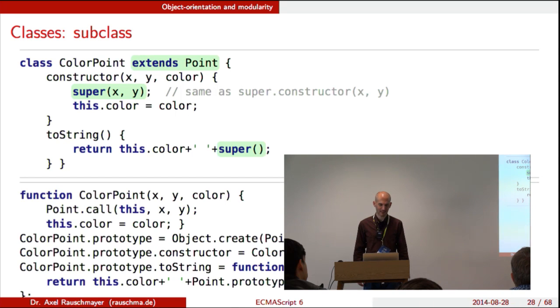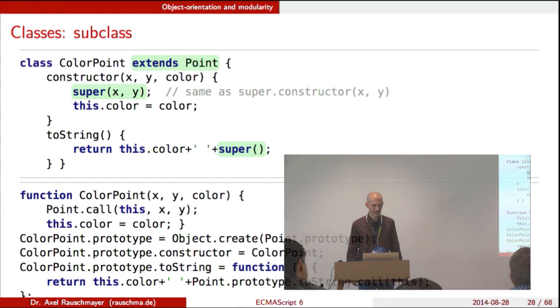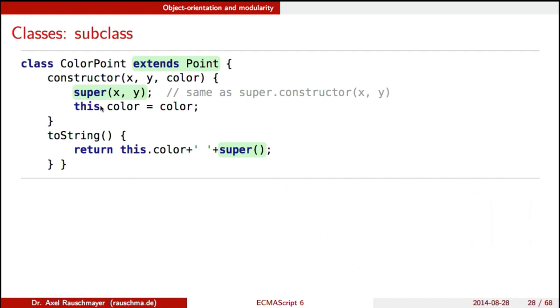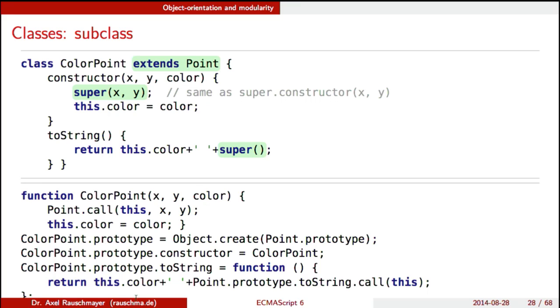And this is subclassing. And now it's awesome because you have super, and you simply do an extend up here, and that's your constructor inheritance. And this is nasty. This is what you have to do in ECMAScript 5. The prototype has to become a prototype P of point.prototype. You don't really have super.